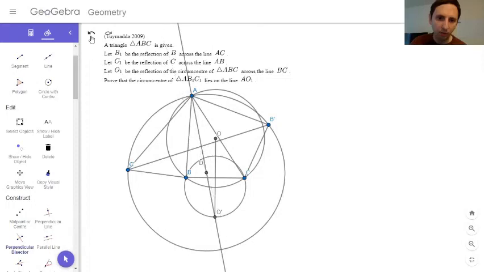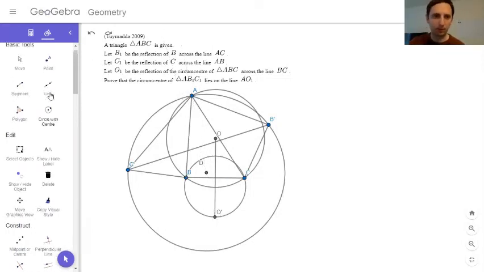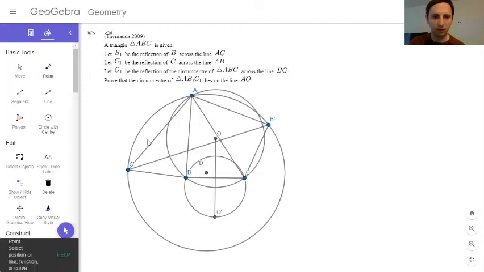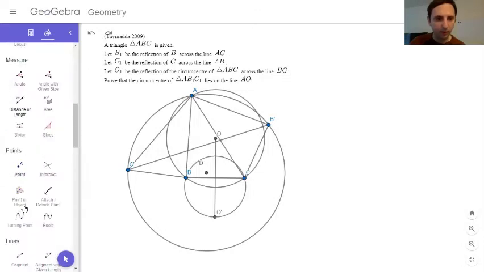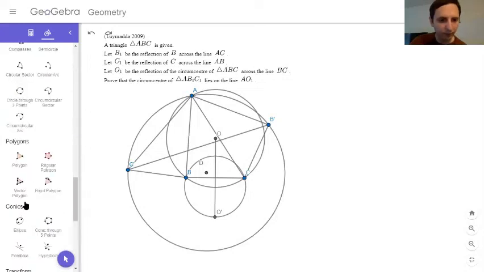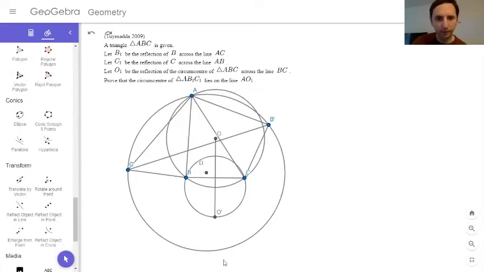Yeah, we could try drawing the antipode of A. So I think, let's see, if we draw the point that makes a parallelogram.